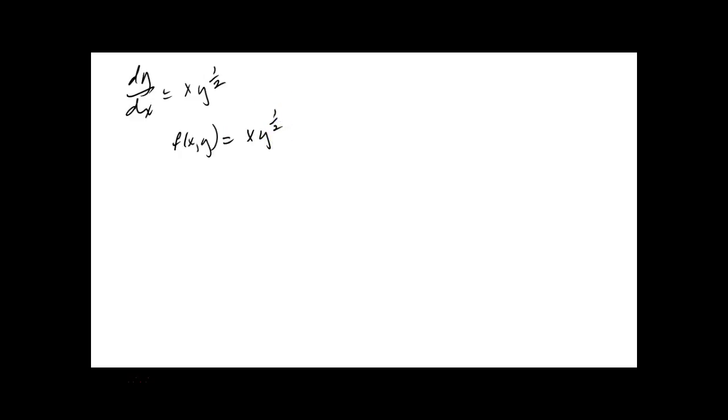Okay? Now, you remember the second condition, the partial of alpha with respect to y. And what is the partial of alpha with respect to y? Remember how to do those? Partial derivatives? x over 2y to the 1/2.